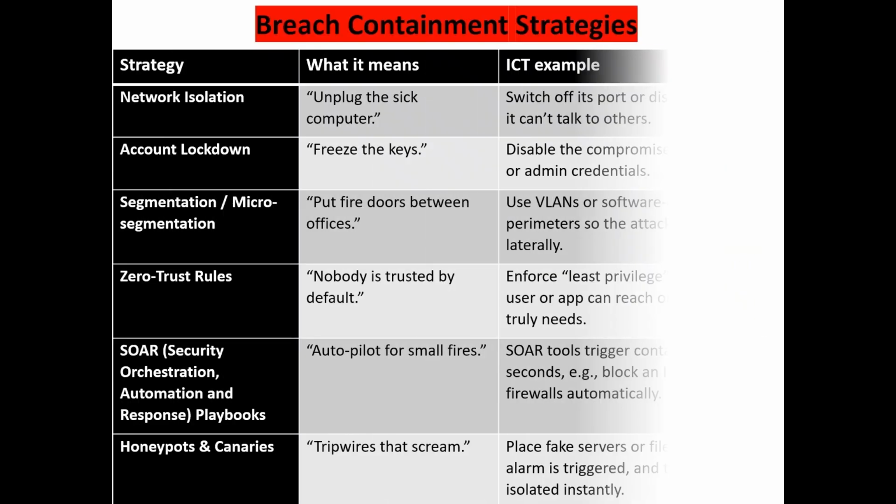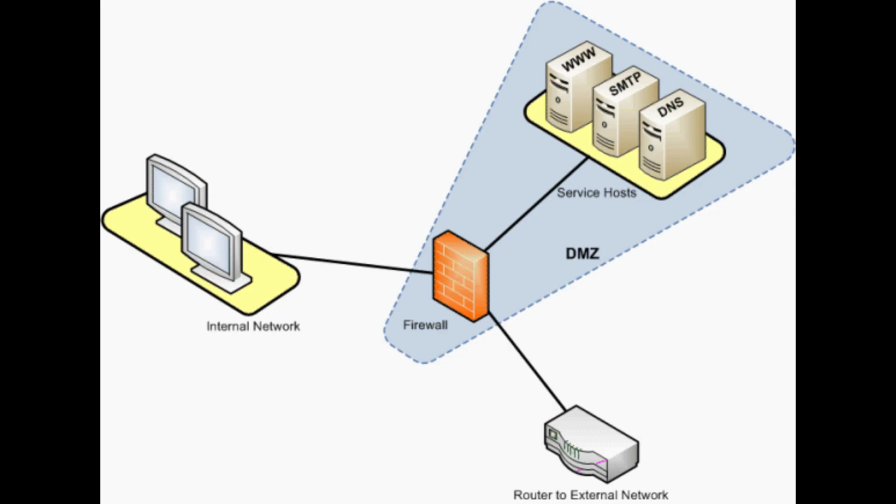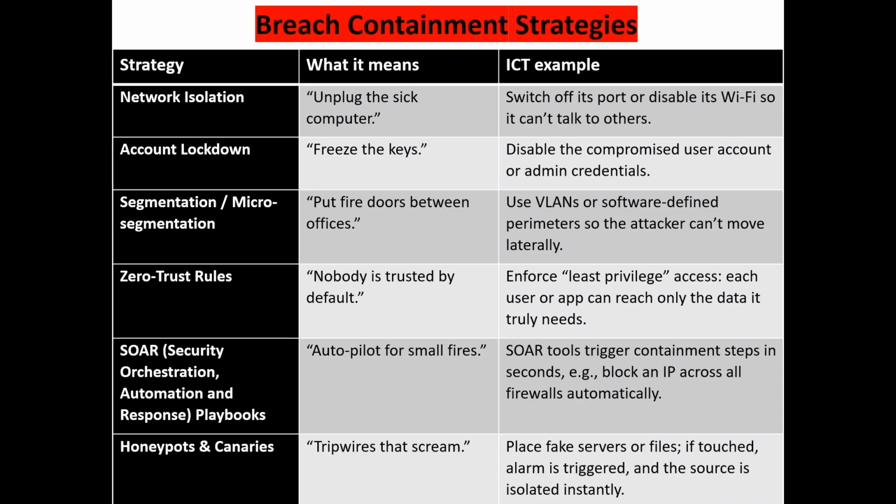So some of the strategies to contain breaches include network isolation, which typically involves shutting off the ports or disabling the system involved such that it doesn't talk to any other system in the network. Then the next is account lockdown, which also involves disconnecting the compromised system or account in question.